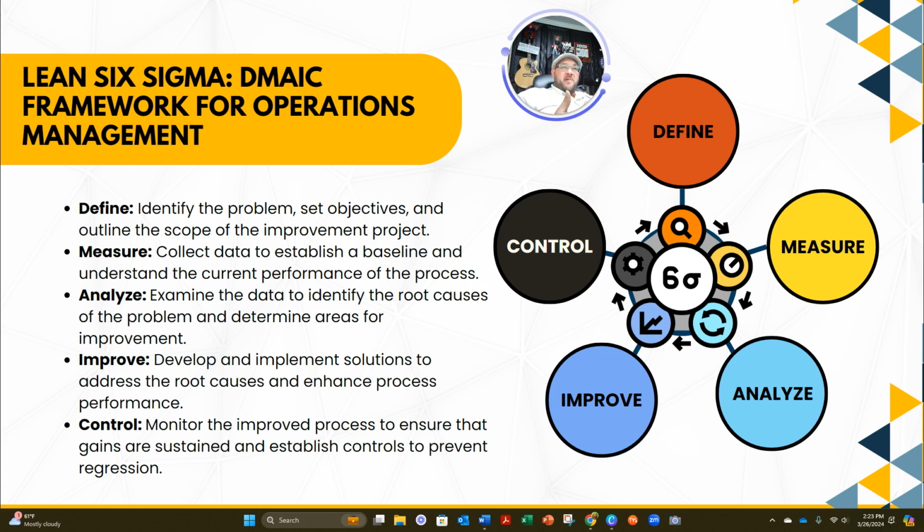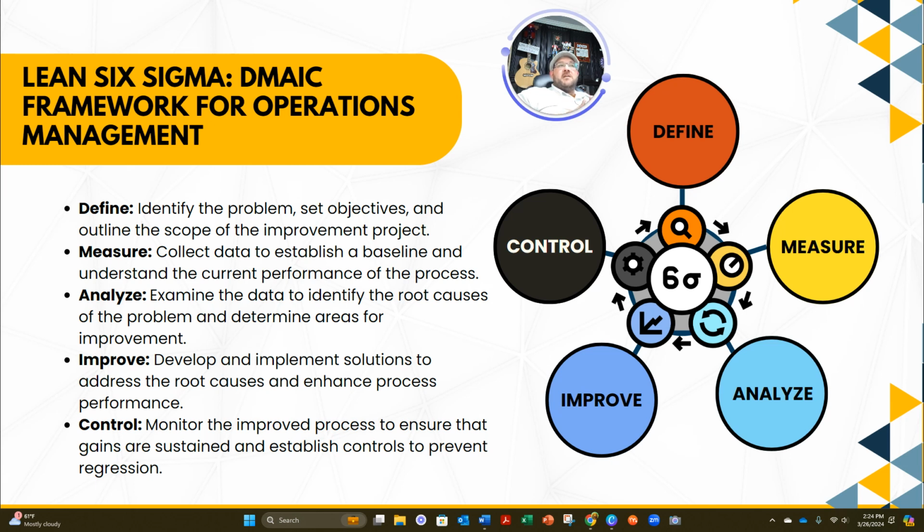In the measurement phase, we're going to collect data to establish a baseline and look at the current performance of the operation. From there, we're going to analyze the data to identify the root cause of problems and determine areas for improvement. And then we're going to improve and develop implementation solutions to address the root cause and enhance process performance.